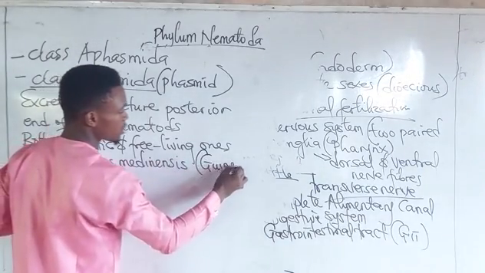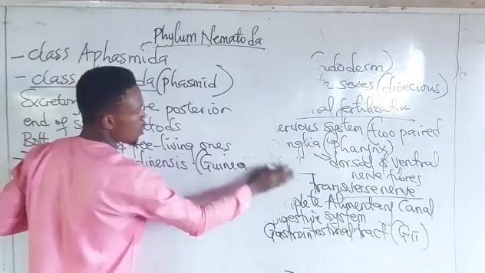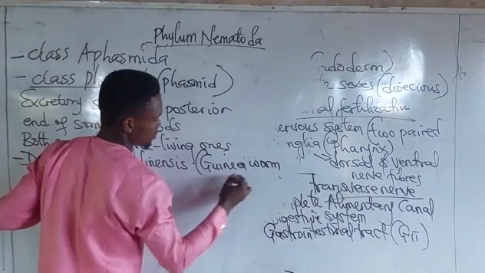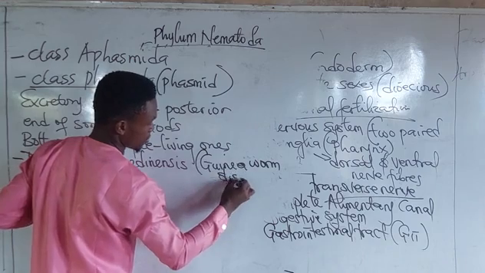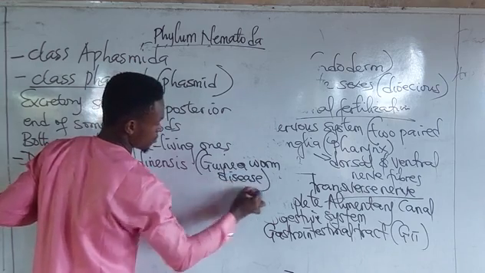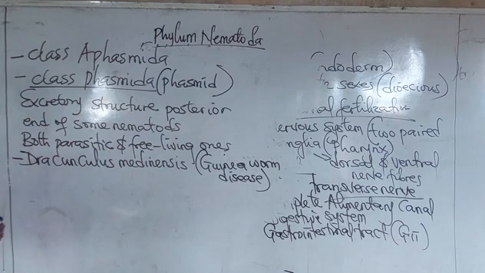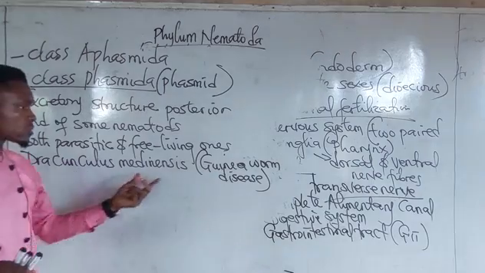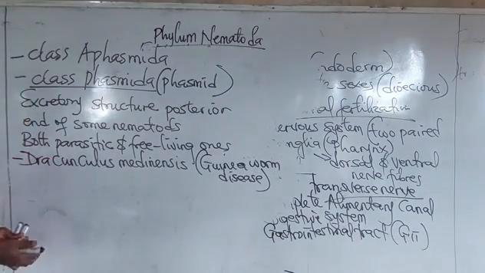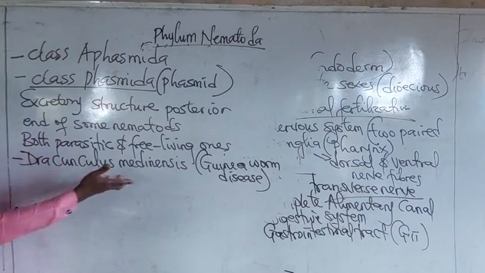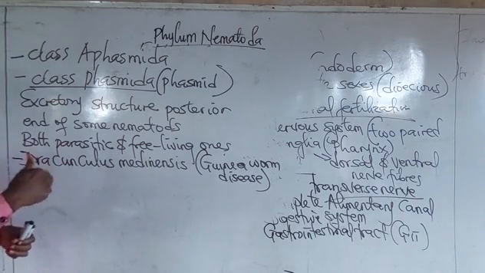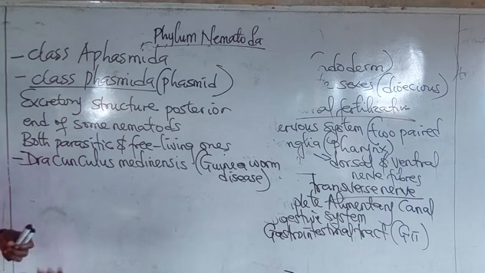Guinea worm, because it causes guinea worm disease. Guinea worm disease is caused by Dracunculus medinensis. Now, how is this organism transmitted from one host to another?